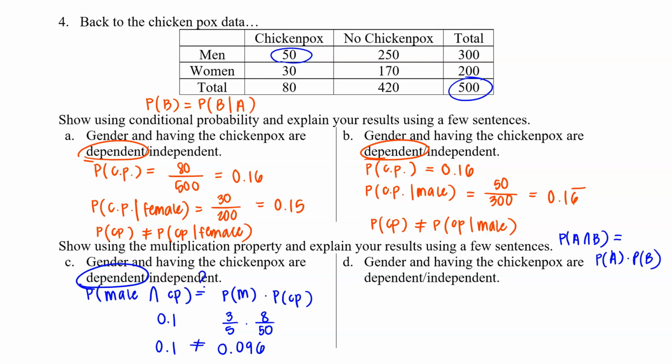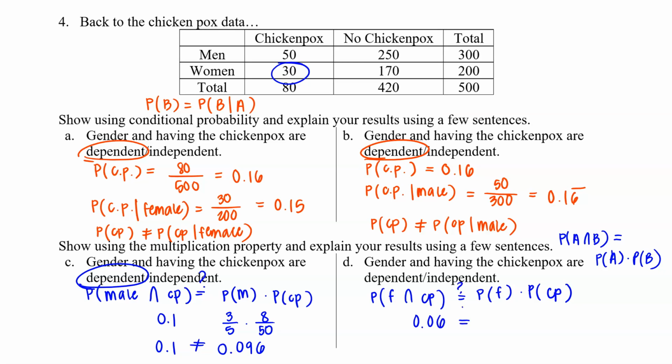And the very last example, the probability of female and chickenpox is equal to the probability of female times the probability of chickenpox. The intersection of female and chickenpox would be 30 out of the total 500, which is 0.06.